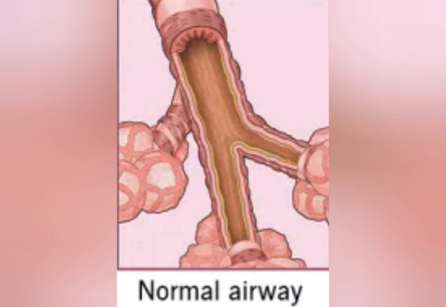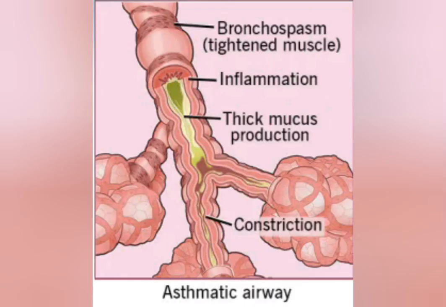Aspirin and related NSAIDs can cause severe bronchoconstriction because aspirin inhibits cyclooxygenase, which converts arachidonic acid into bronchodilatory prostaglandin. So when this pathway is blocked, an alternative reaction occurs, which causes an increase in the production of a bronchoconstrictor known as leukotriene.